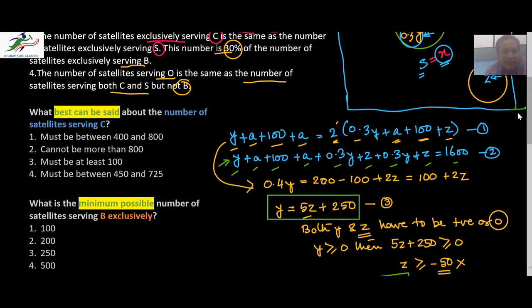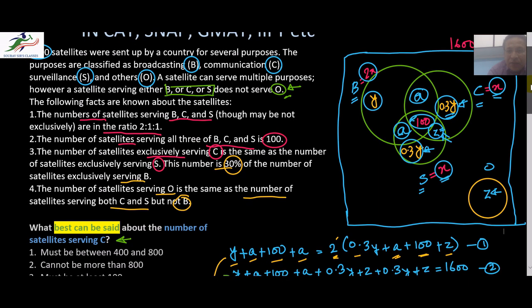The first one says, what best can be said about the number of satellites serving C? Now if we look at the number of satellites serving C, we can easily find out the range, because they are asking for the range, must be between so and so, cannot be more than so and so. So we can clearly see, let me clear the board a little bit.